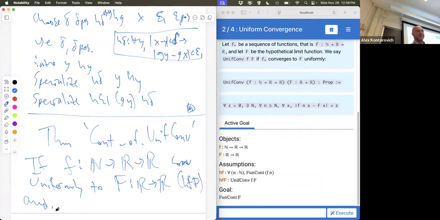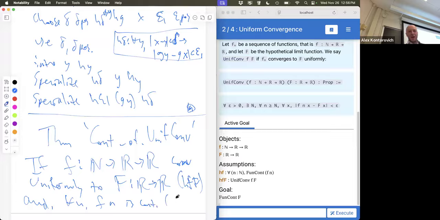And for all n, Fn, when I stick in an n in here, I get a function from R to R, is continuous.